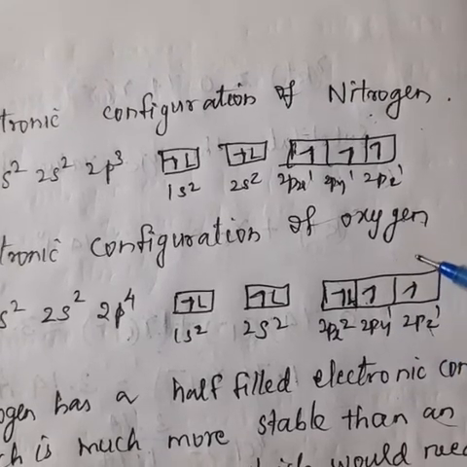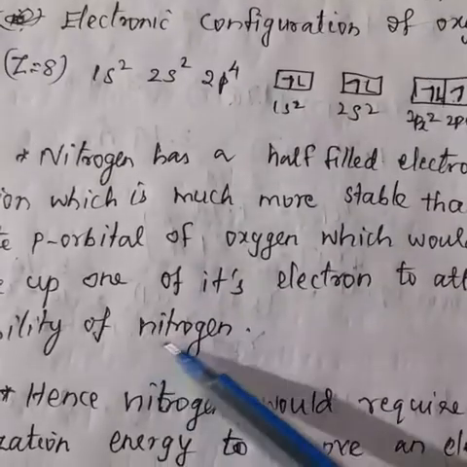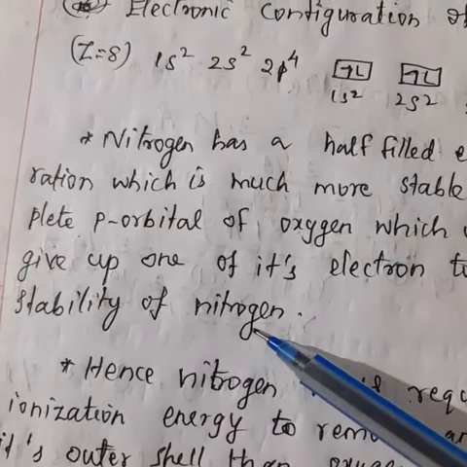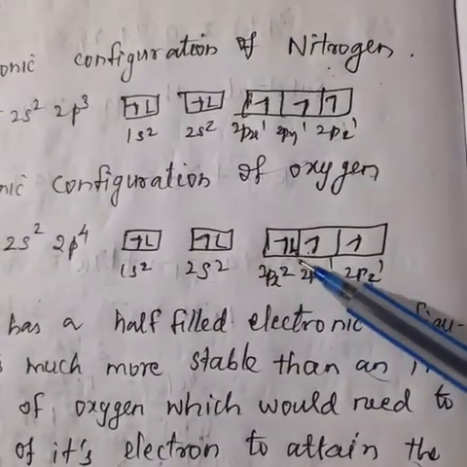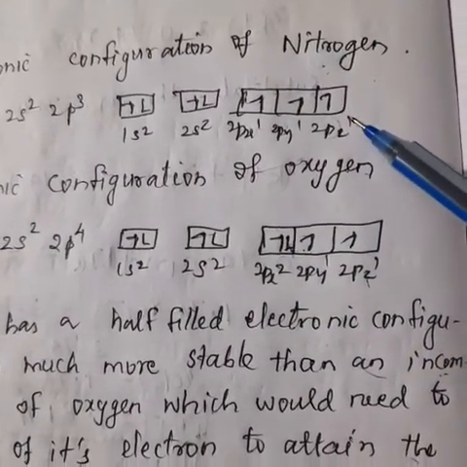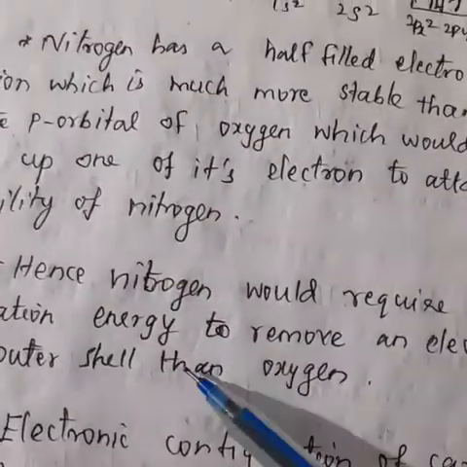Understood? Oxygen would need to give up one electron to attain the stability of nitrogen. Hence nitrogen requires more ionization energy because it is stable.